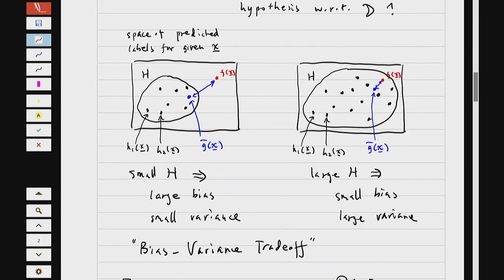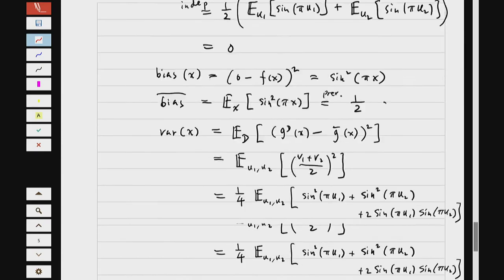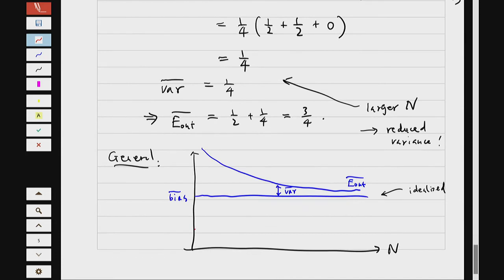So if I have a larger H, my bias will be lower, maybe here. So this is a more complex H, and above is the simpler one. I want to avoid using bigger or smaller because you have seen before that whether it's complex or not really depends on something like the VC dimension. Even an infinitely large H does not mean that it is a complex H.